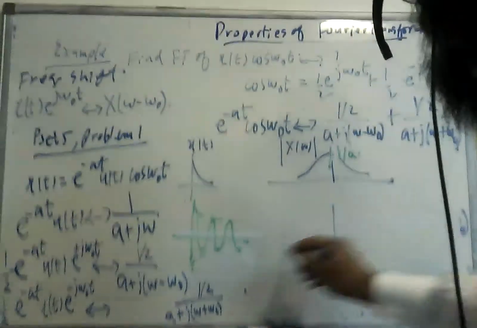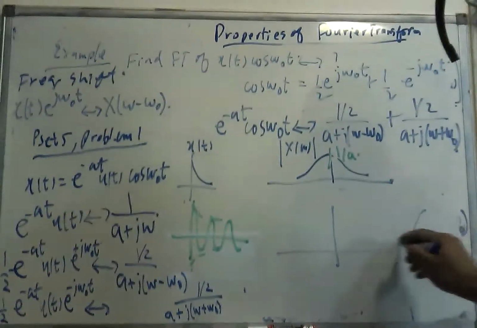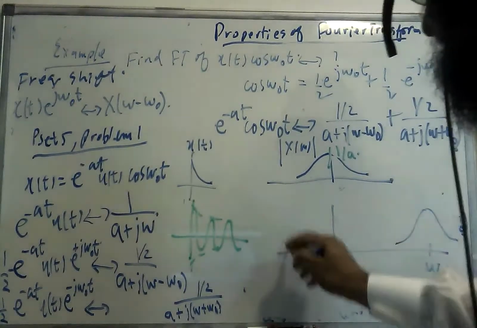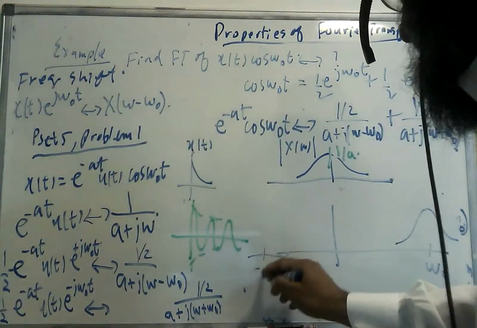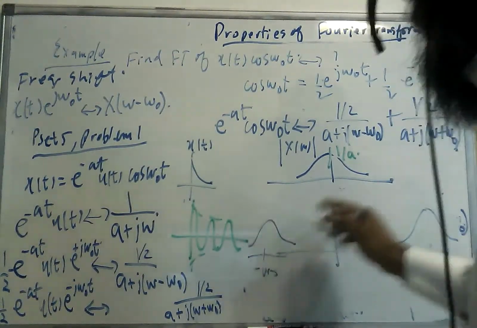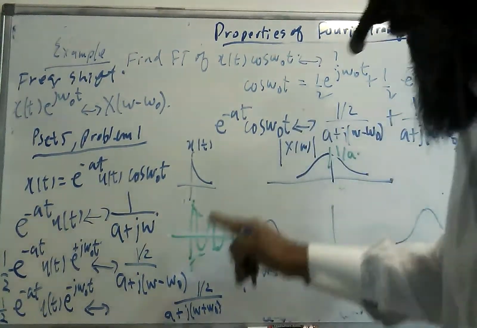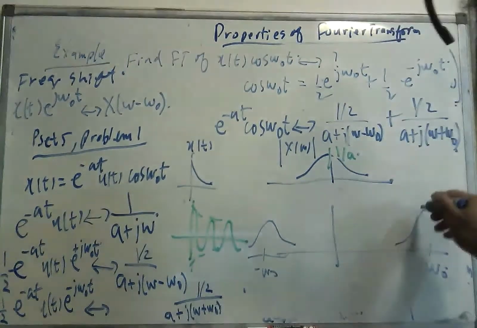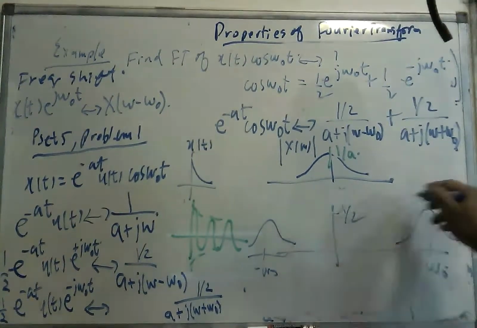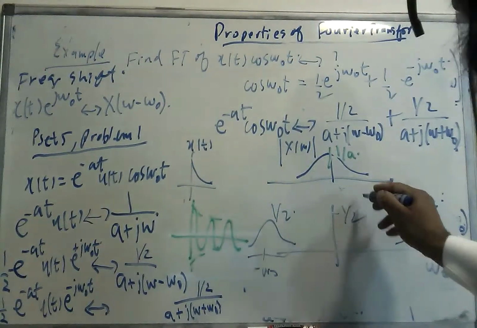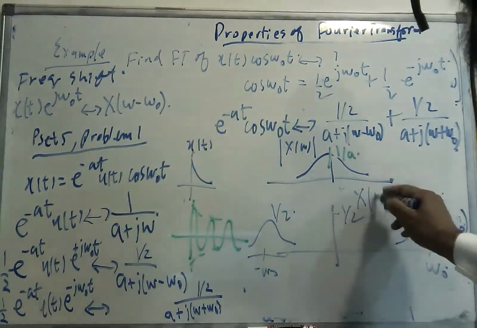Here, this is omega naught, and this is minus omega naught. So in frequency domain, the spectrum shifts. And also I have half of it. So the amplitude of this will be half, and the amplitude of this will be half.